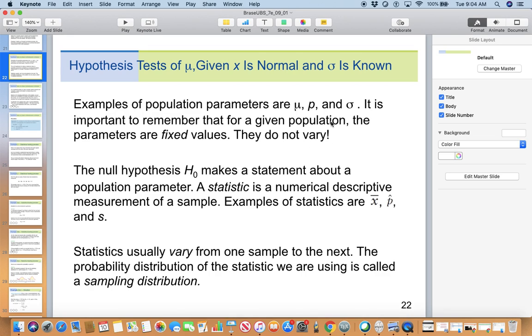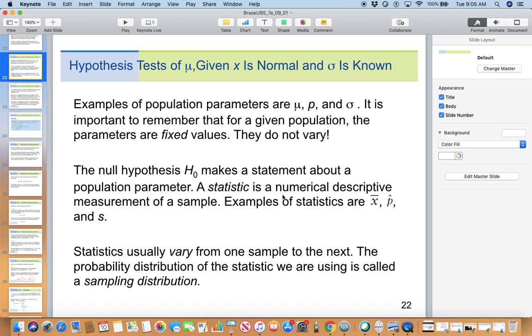So once a population is decided upon, parameters are fixed. All right. When you start looking at samples, then you get what is called a statistic. They will vary depending on the sample. But a parameter is fixed for the given population. Null hypothesis H0 makes a statement about a population parameter.